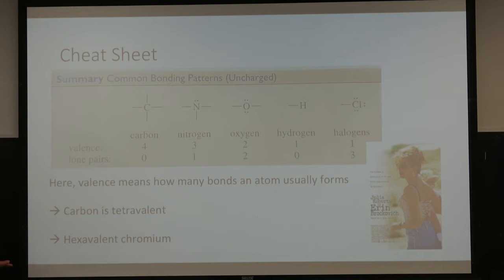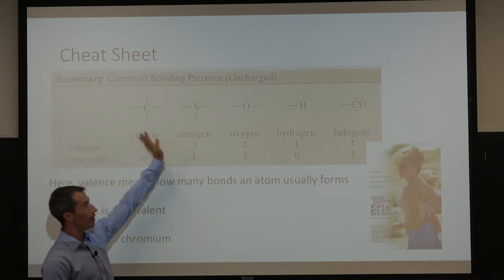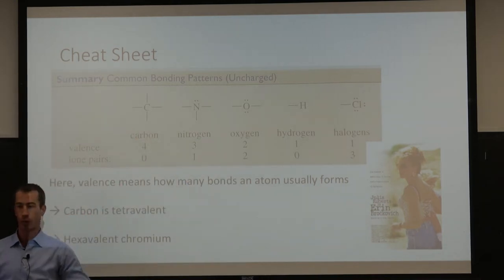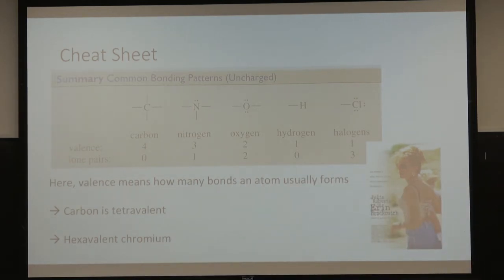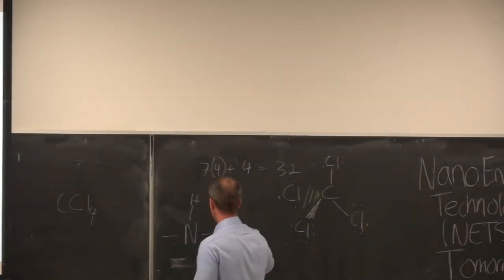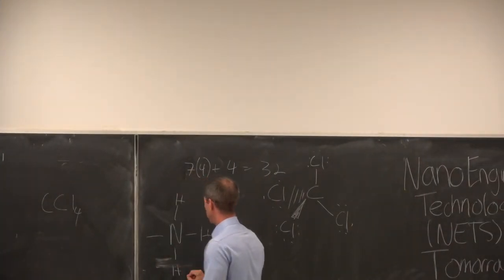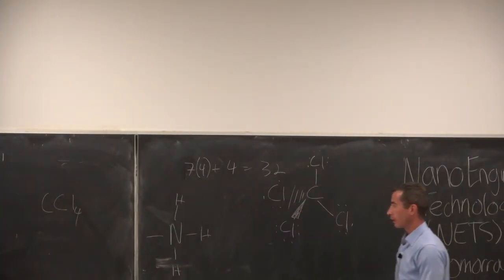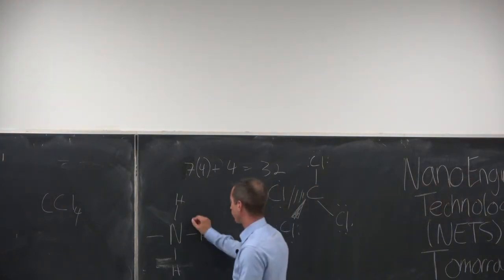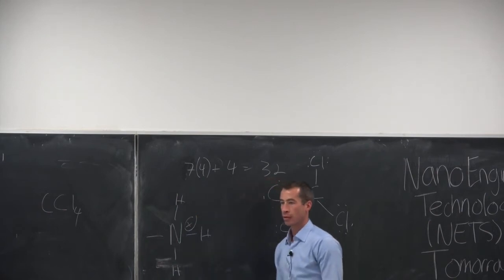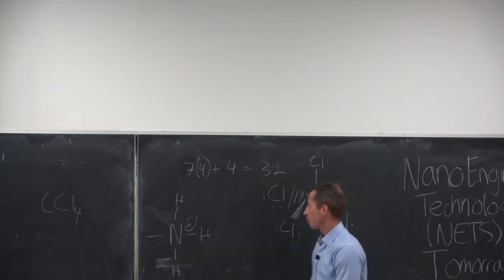So that is how many bonds it tends to form. Carbon is tetravalent, right? So this kind of stuff should be tattooed in your brain. If you ever draw something like this, that should make you cringe, unless you have a charge on it, right?